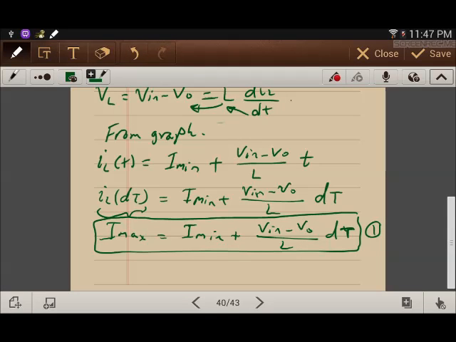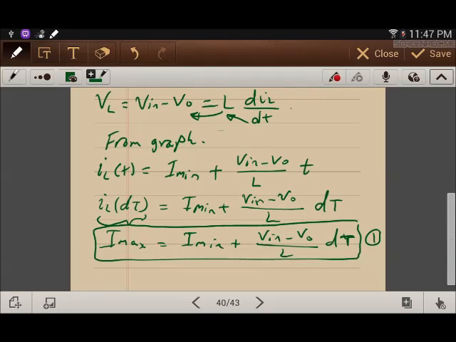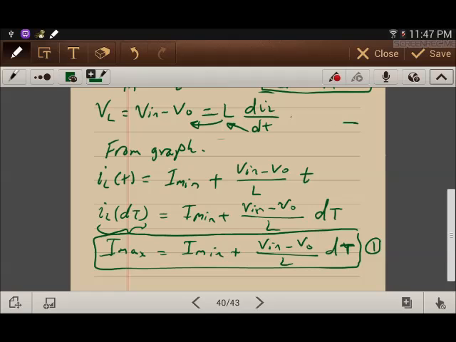I can also find this in a different way.